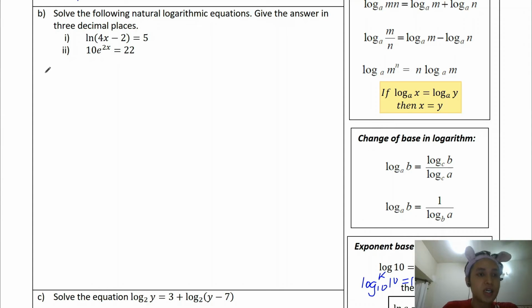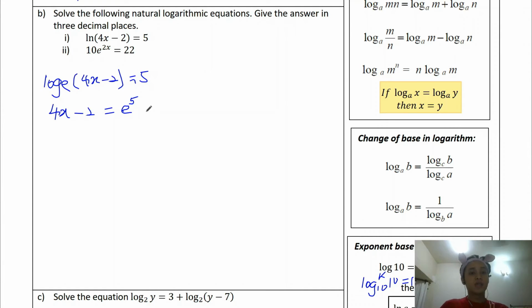So we can write this one, remember, ln is equal to log e. So I can change it into log e, and then 4x minus 2 equals to 5. And then I can shift the log to the other side. So this one will become 4x minus 2 equals to e to the power of 5.